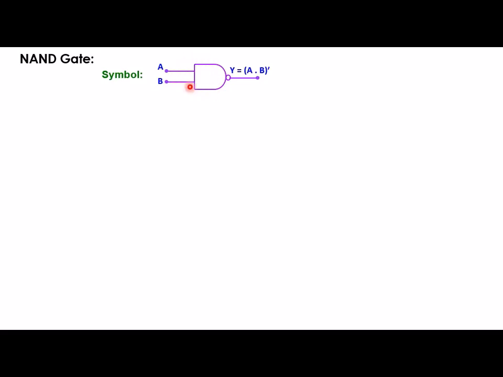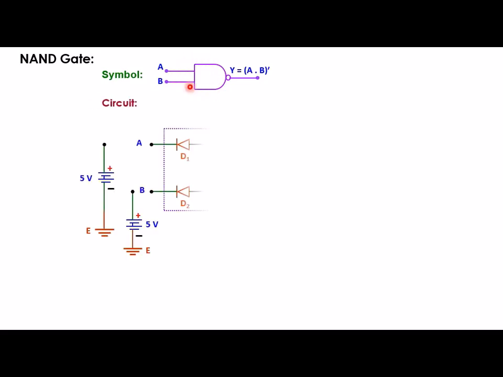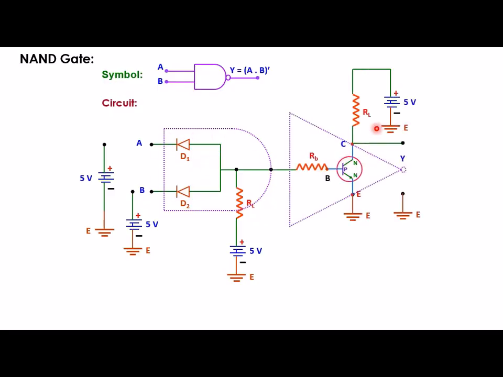The circuit is somewhat like this. This is the AND gate which is following the NOT gate. So a NAND gate is a gate where a NOT gate is followed by an AND gate, or an AND gate is following a NOT gate.